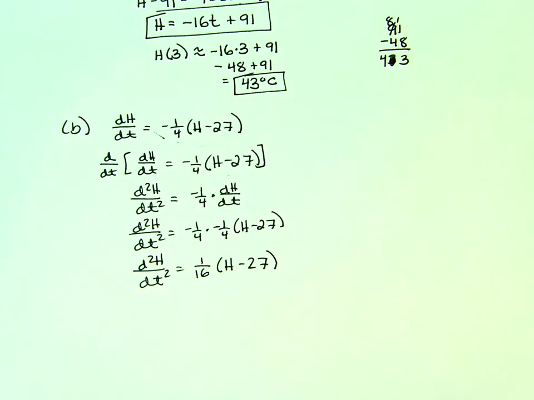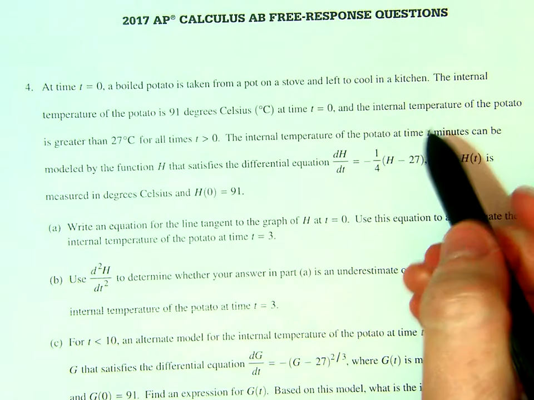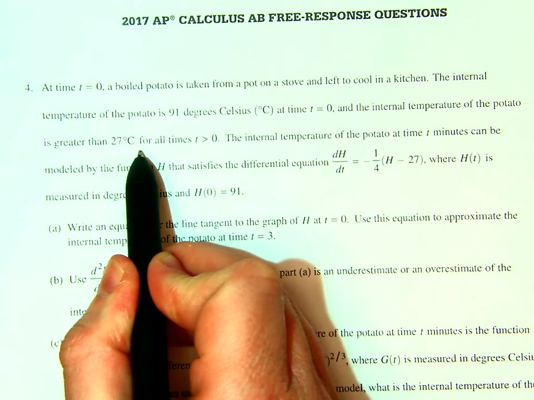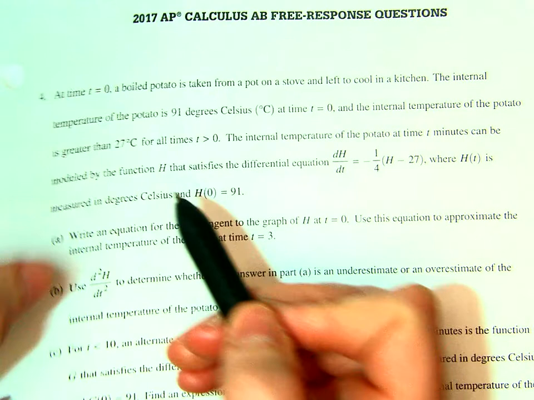But that's only the first part of letter B. Then I need to figure out, is this second derivative positive, negative, things like that. Well, we were told in the problem that the temperature of the potato is always greater than 27 degrees Celsius. In case you missed it, right over here, the temperature of the potato is always greater than 27 degrees Celsius.